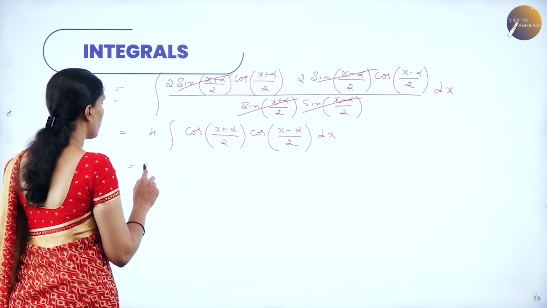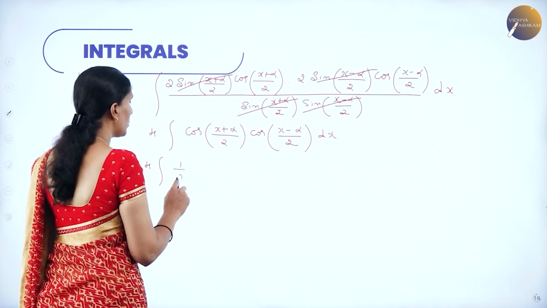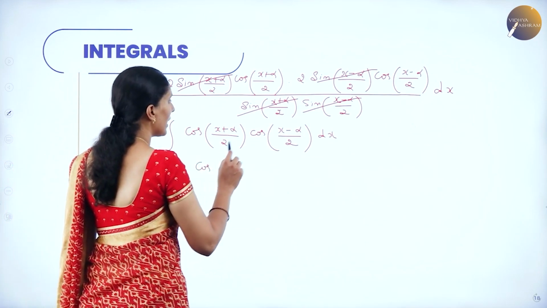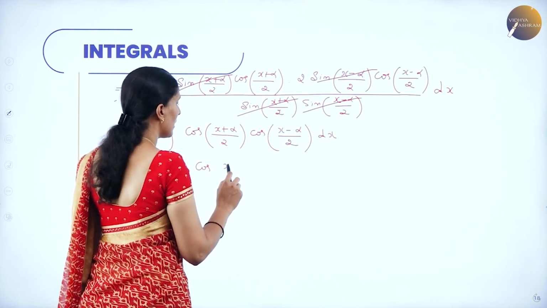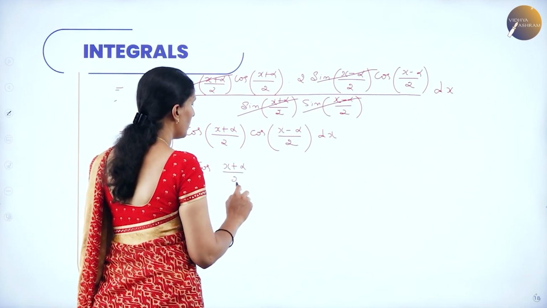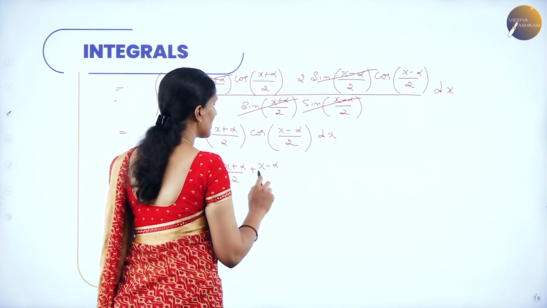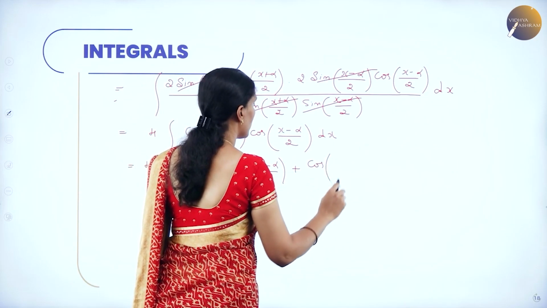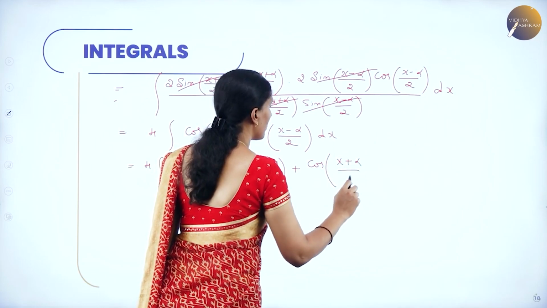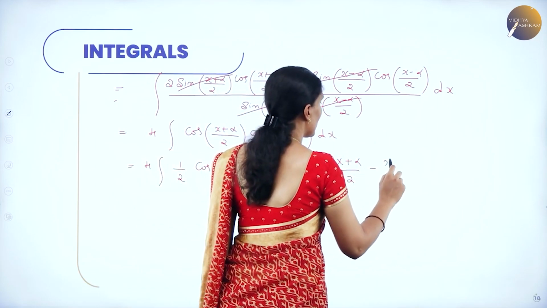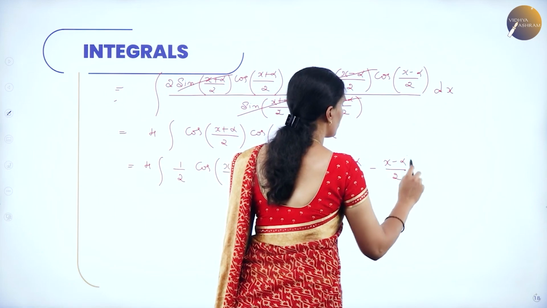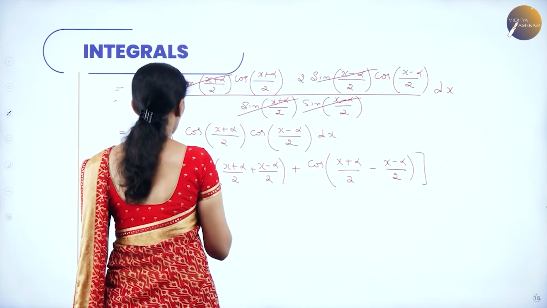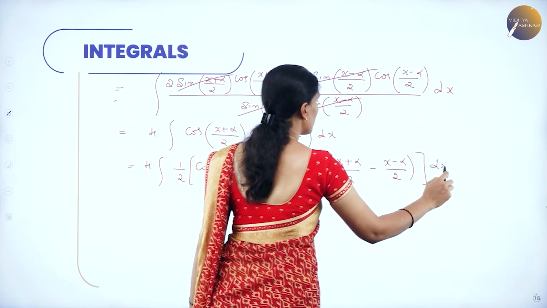So therefore it is 4 into 1 by 2 times cos of A plus B, means it is (x plus alpha by 2) plus (x minus alpha by 2), plus cos of (x plus alpha by 2) minus (x minus alpha by 2), into dx.